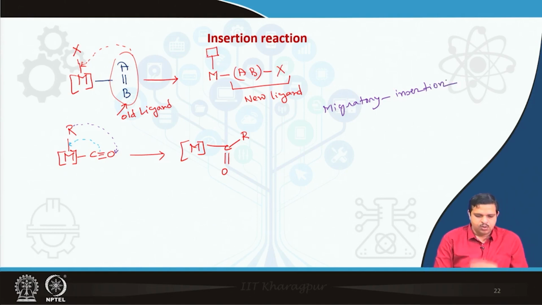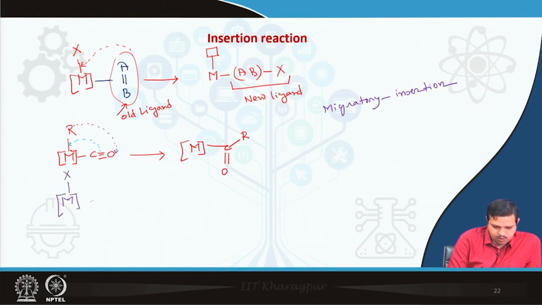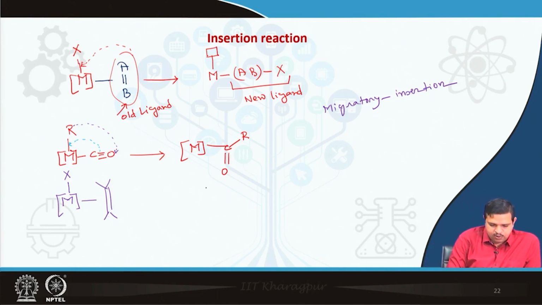Now let us see that a similar situation may also come for other types of ligands, for example like this one. You see this is the alkene complex. So, this is the metal alkyl complex.